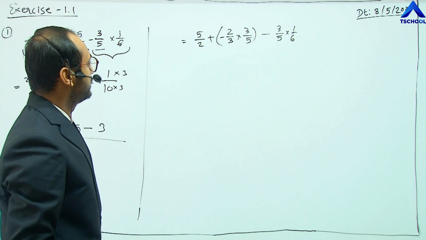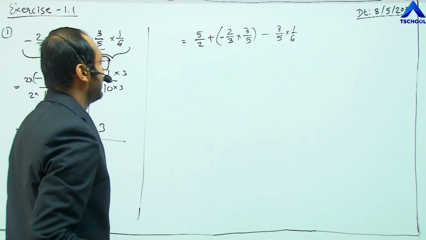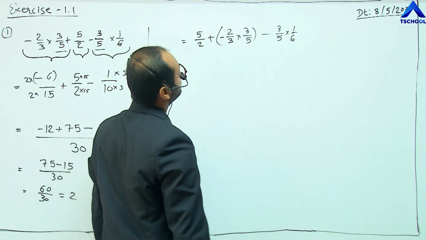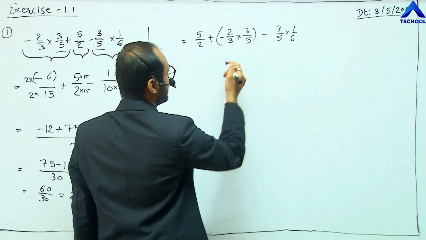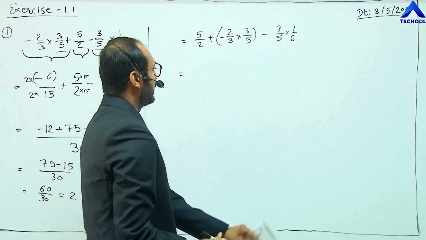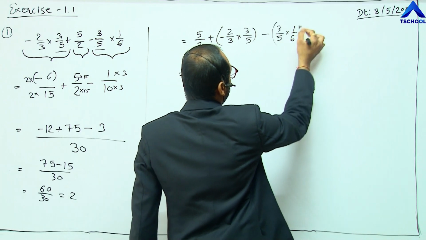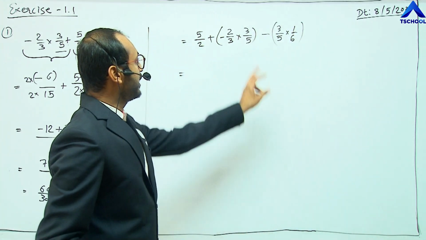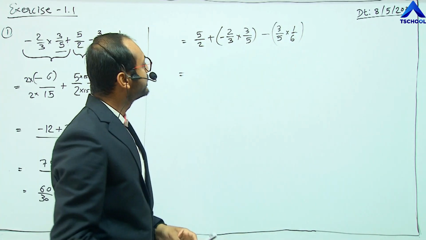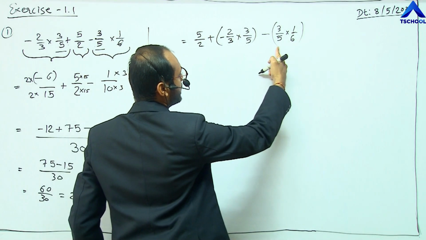Now, how can we solve this? See, in these two terms, 3 by 5 is common. See, 3 by 5 is common.